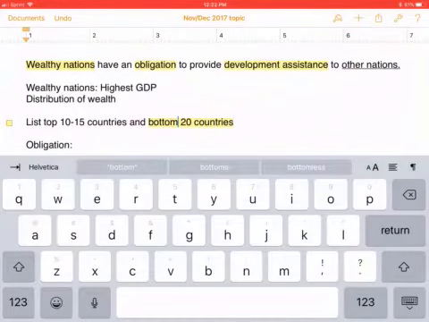Something important to also look at with wealthy nations that I want to point out really quickly is that wealthy nations is going to sometimes be defined as just countries that have a very Western mindset.